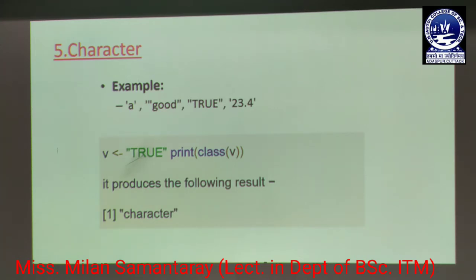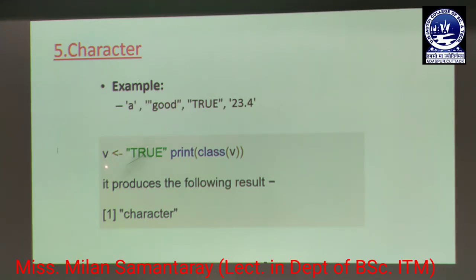So here are some examples: a, good, true and this. When we are writing characters, we have to enclose them in single quotes, and also in the single character format. And these are some formats: you can enter by using single quote, double quote or triple quote.